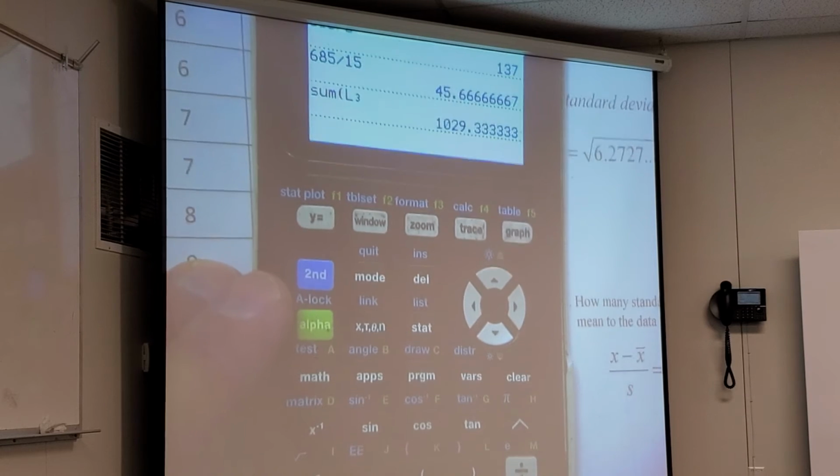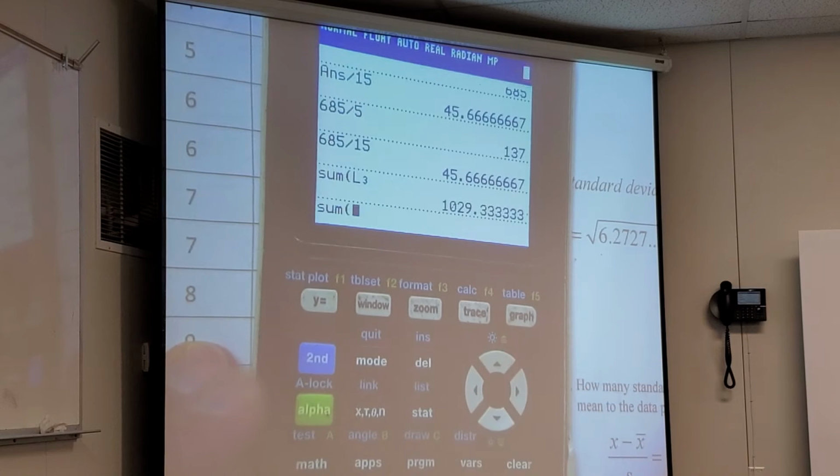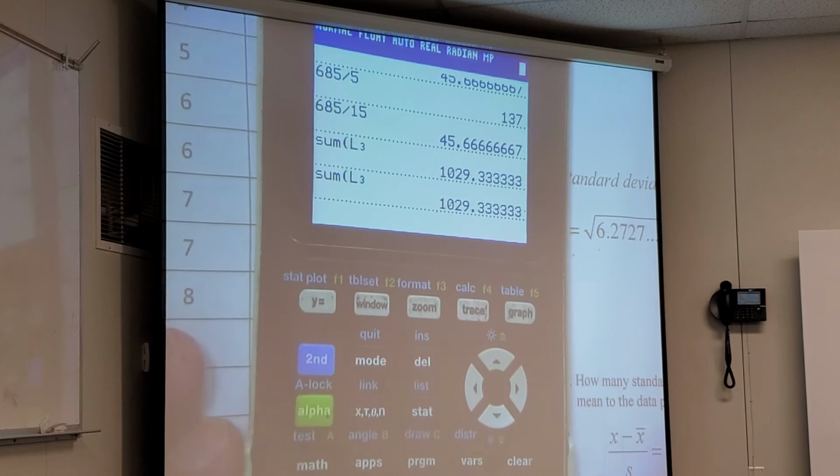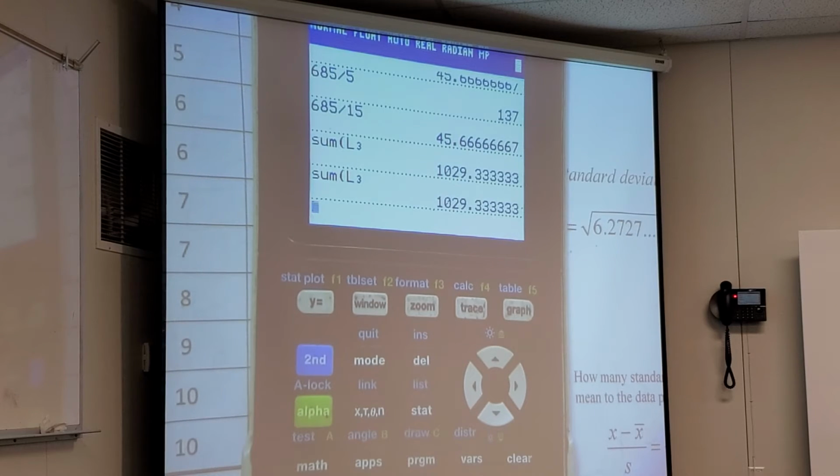Now if you don't like that, you can just hit second stat to go to list, go to math, hit 5, and then tell it L3. Either way, you'll get there. And if you don't like any of that, you can just add up each part of L3 individually on the calculator. That'll still work. You just need the sum somehow.